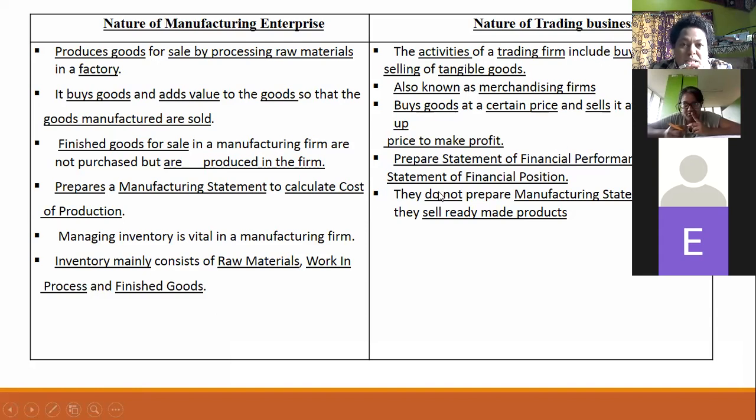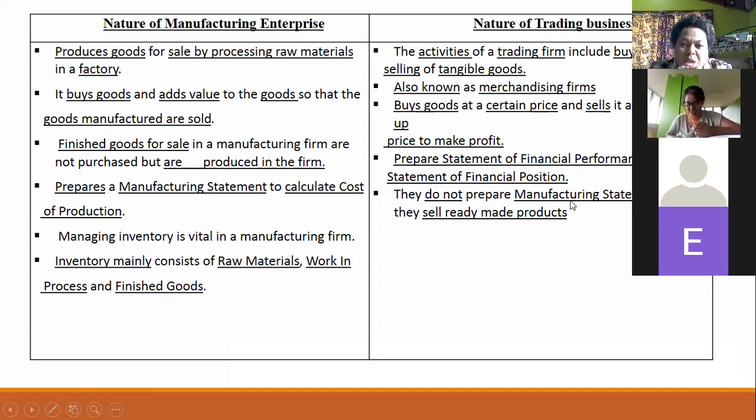Now, trading firms prepare a statement of financial performance and a statement of financial position. That is what we have been doing from last year. These trading firms do not prepare a manufacturing statement since they sell ready-made products, also known as finished goods.